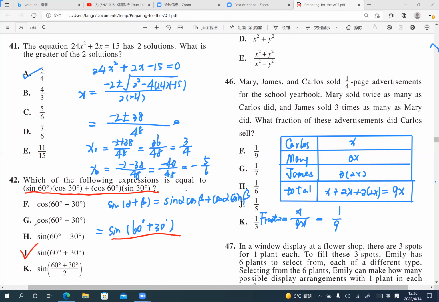Question 46. Mary, James, and Carlos sold the 1/3 page advertisements for the school yearbook. Mary sold twice as many as Carlos did, and James sold 3 times as many as Mary did. What fraction of the advertisements did Carlos sell?